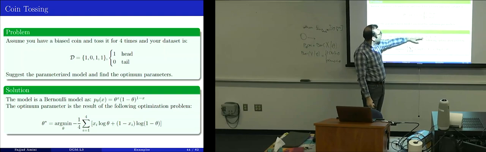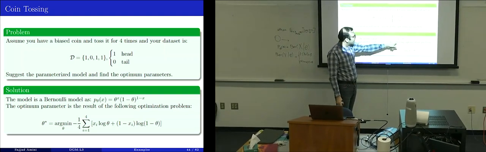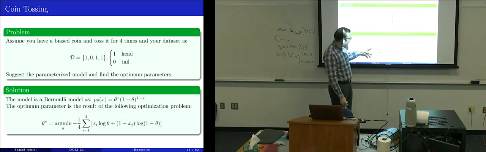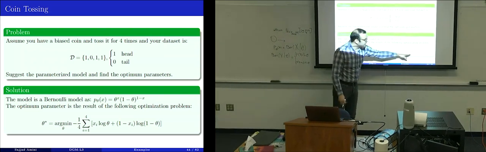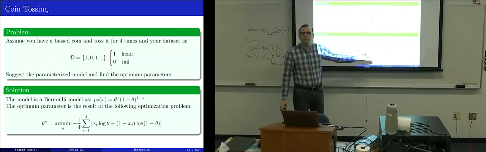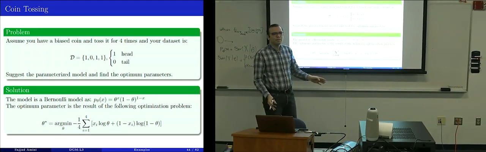So I want to put each of these data points inside this model and then optimize theta such that the summation we saw before, the negative log likelihood written here, is optimized. This is exactly what we do in all generative models, including this coin.